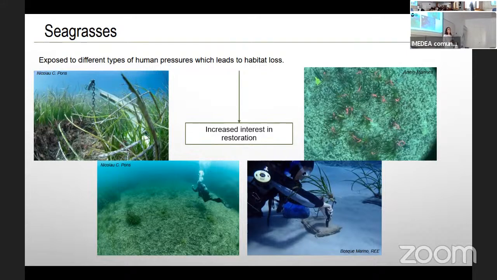But until now, most of these restoration activities have focused on the structure and extension of the ecosystem. And if we take into account that we live in a context with a continuous increase of different stress factors, for example climate change, what we want with this project is to study the factors that can promote resilience rather than just replicate the structure.